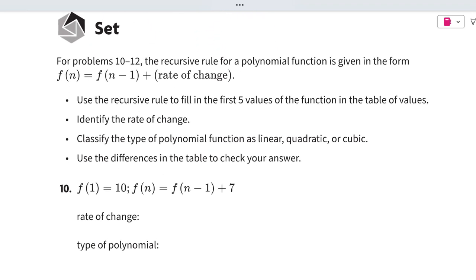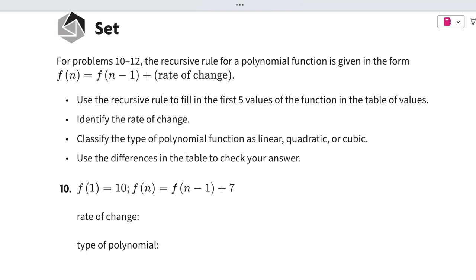So it says for problems 10 through 12, the recursive rule for a polynomial function is given in the form of f of n equals f of n minus 1 plus our rate of change. So the first thing it wants us to do is use the recursive rule to fill in the first 5 values of the function in the table of values.